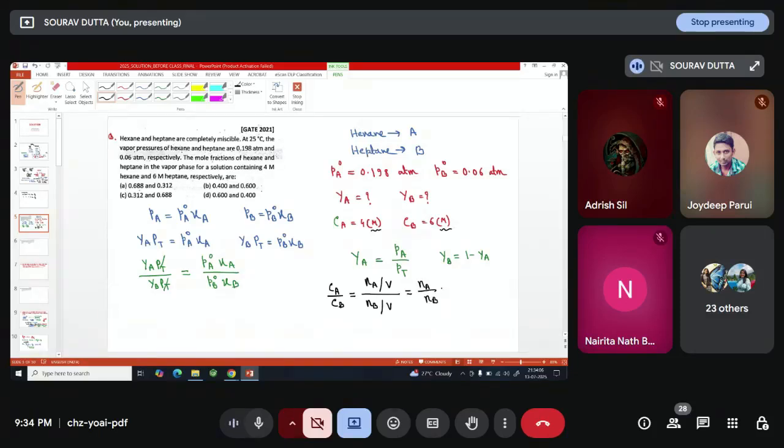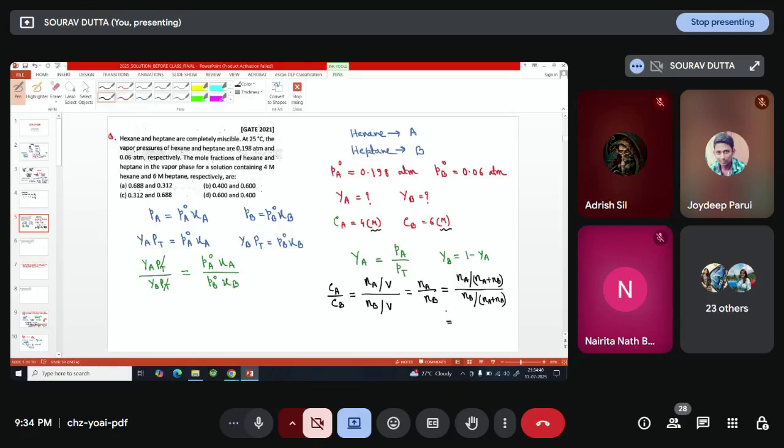Okay, mole number of A divided by mole number of B in the liquid phase. Now if I divide by N total, that is mole number of A plus B in the liquid phase, we can write Na divided by Na plus Nb, total mole number, and also Nb divided by Na plus Nb.